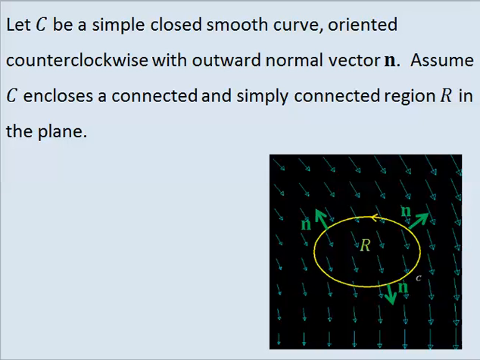Alright, so let's assume we have a curve that is a simple, closed, smooth curve, oriented counterclockwise with outward normal vector n.